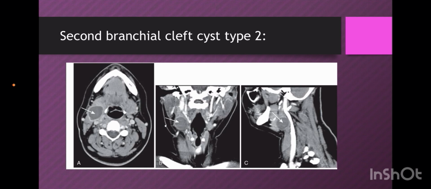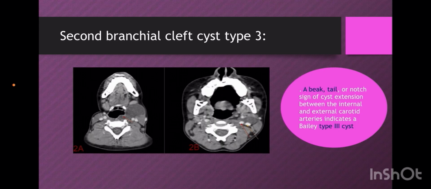Second branchial cleft cyst type 2, as we can see in the main case, usually lies lateral to the carotid space, anteromedial to the sternocleidomastoid muscle, and posterior to the submandibular gland.